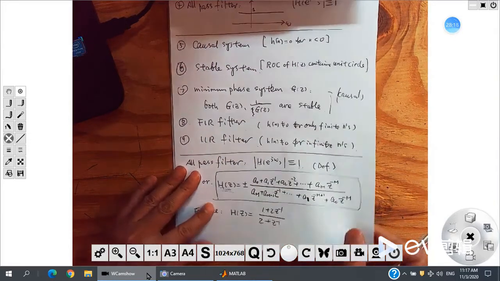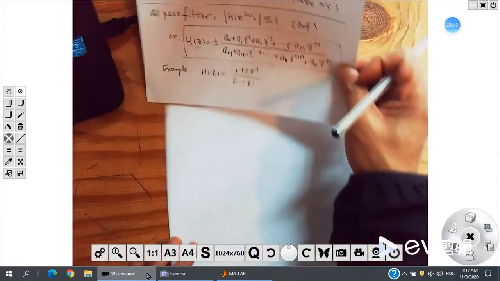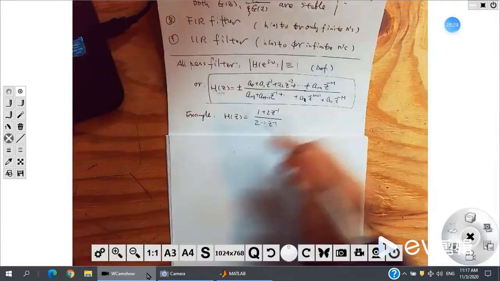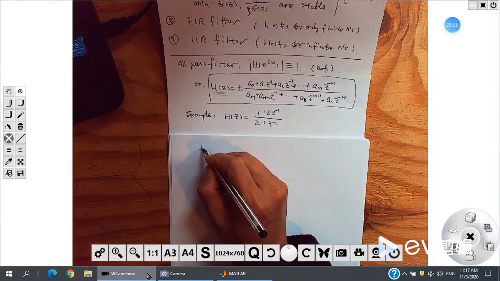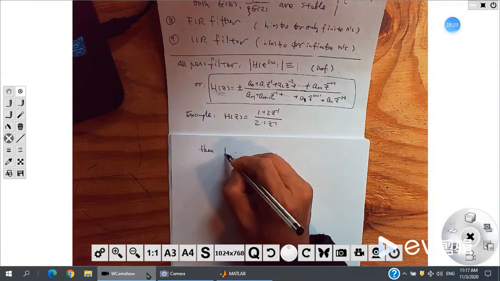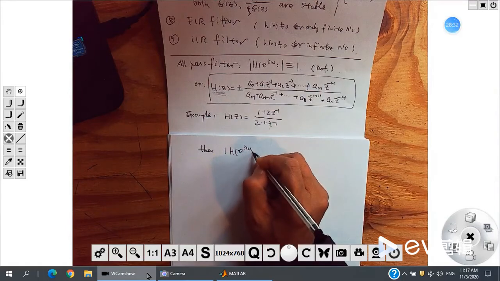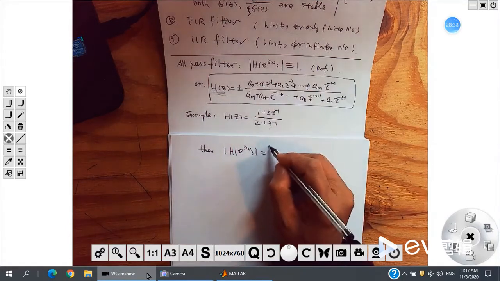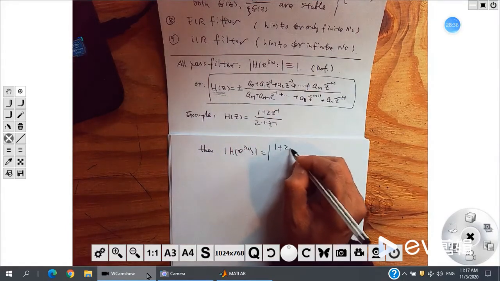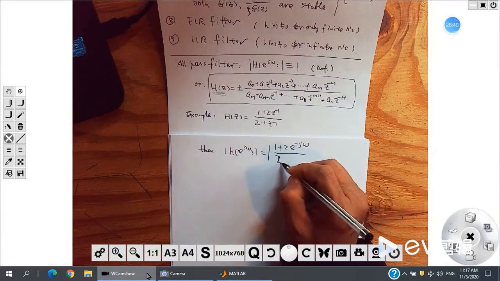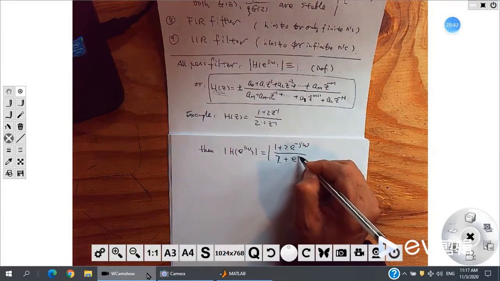Then what is the magnitude of the frequency response? The magnitude of H of e to the j omega equals the magnitude of 1 plus 2 e to the negative j omega over 2 plus e to the negative j omega, right?